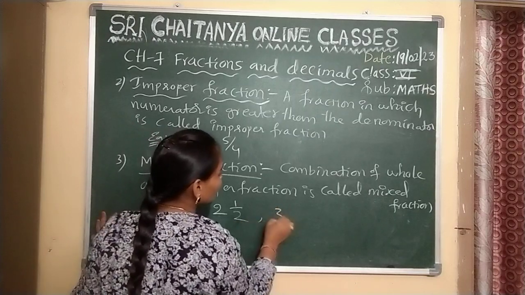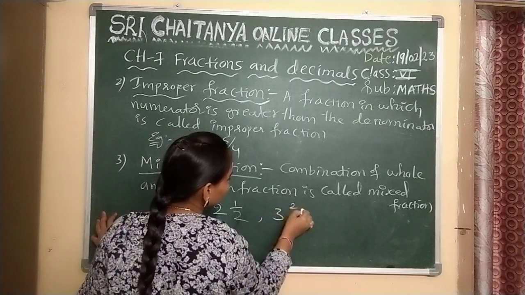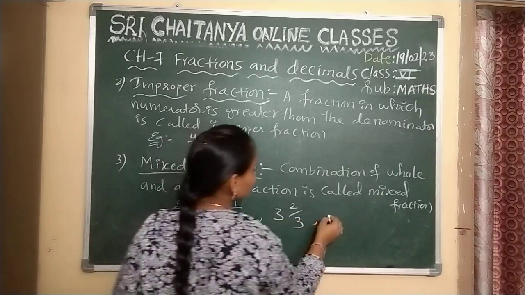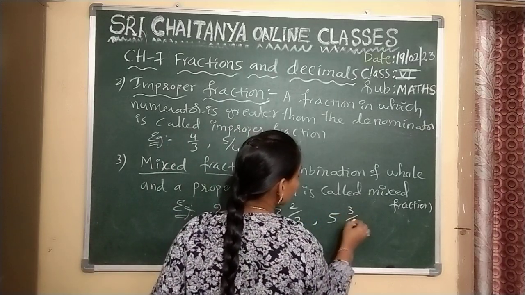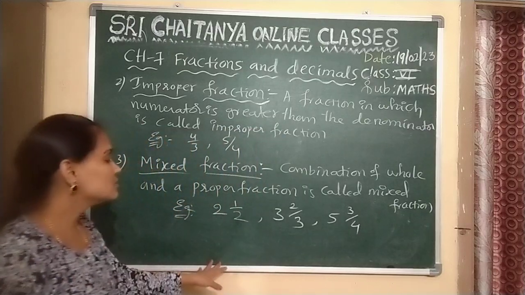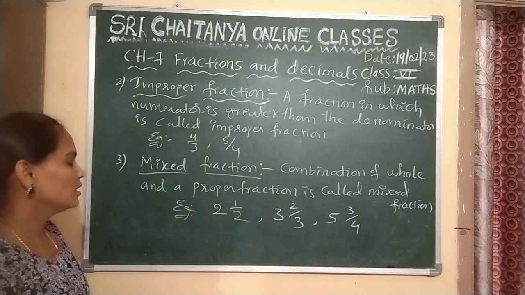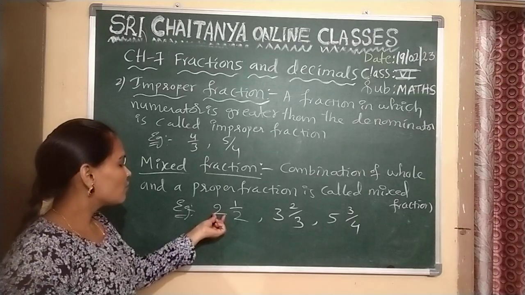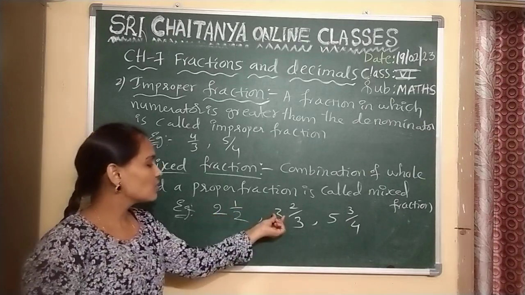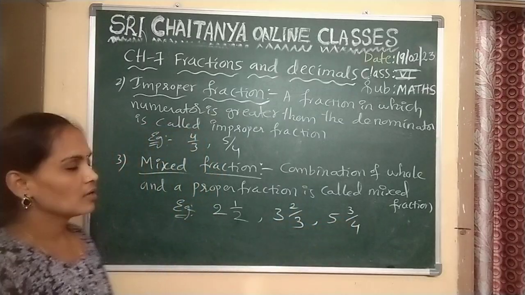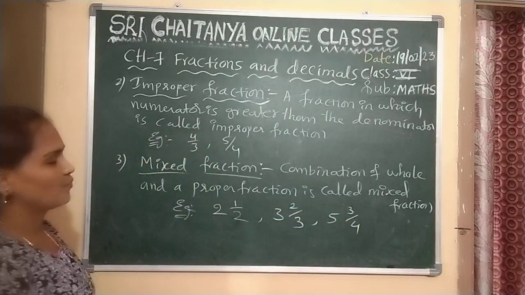One more example: 3, 2 by 3. One more example: 5, 3 by 4. These are a few examples for mixed fraction: a combination of a whole number and a part. This is a mixed fraction.